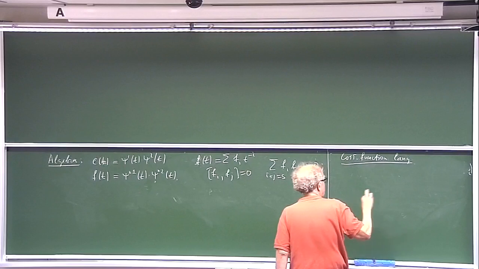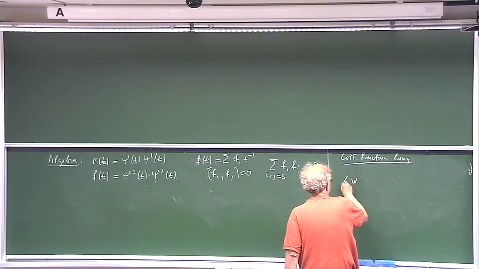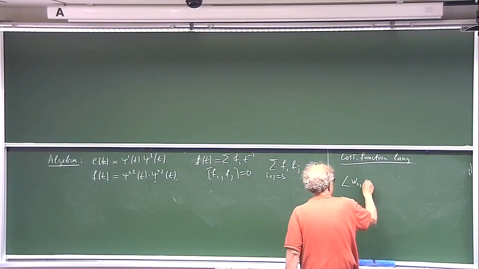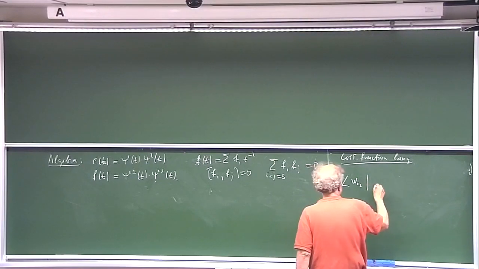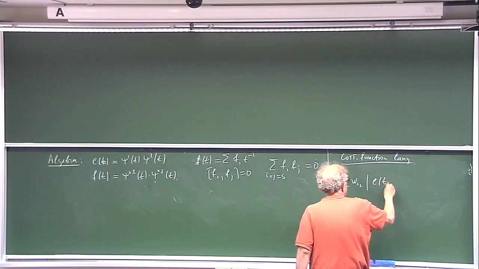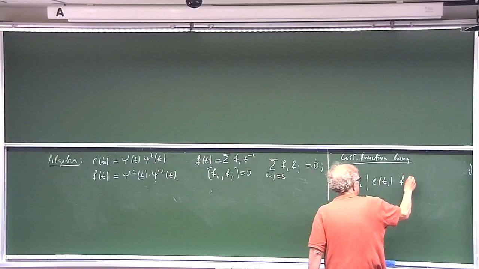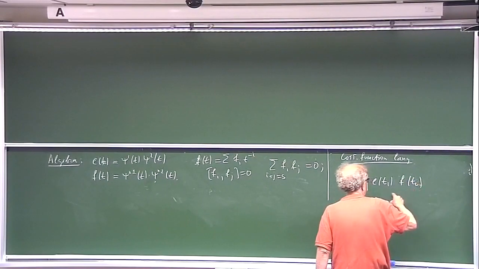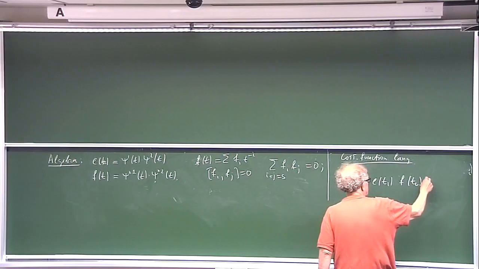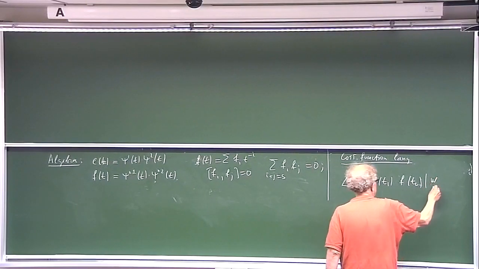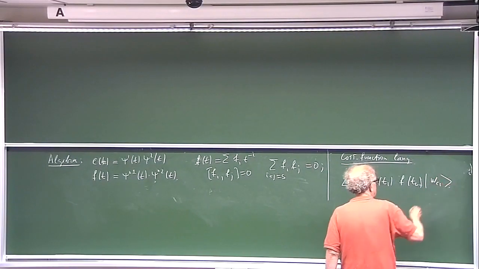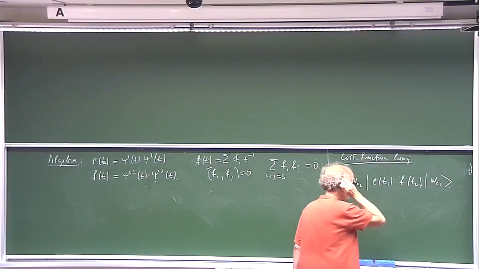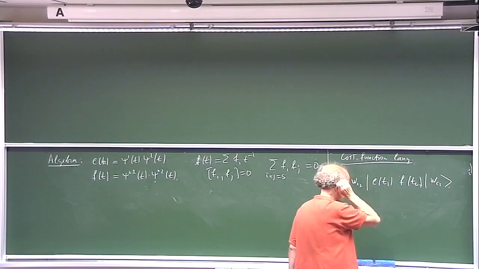So in my space I have vector w, and then I can apply E(t1) and then F(t2), and then I have this vector. And so what can I say about this?